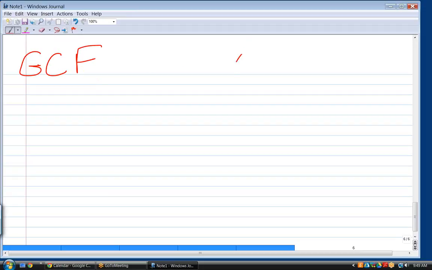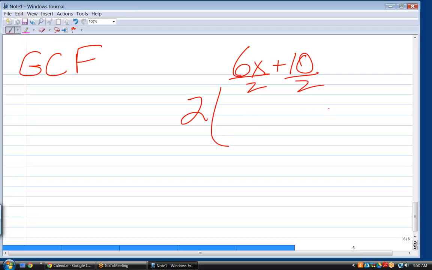An example of that would be: what's the greatest common factor of that expression? 2. Okay, so I'm going to factor out the 2. And when I say factor it out, it means divide each term by 2. So what's left?